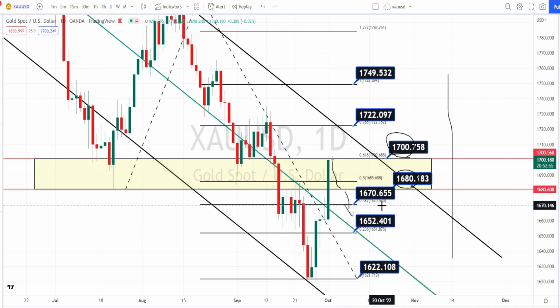Next level of support on the bearish side is going to be around 1670, 1652 and 1622. And if the price action breaks this resistance level of 1700, next level of resistance is going to be around 1722, 1749. Let us do the analysis in 4 hours time frame.